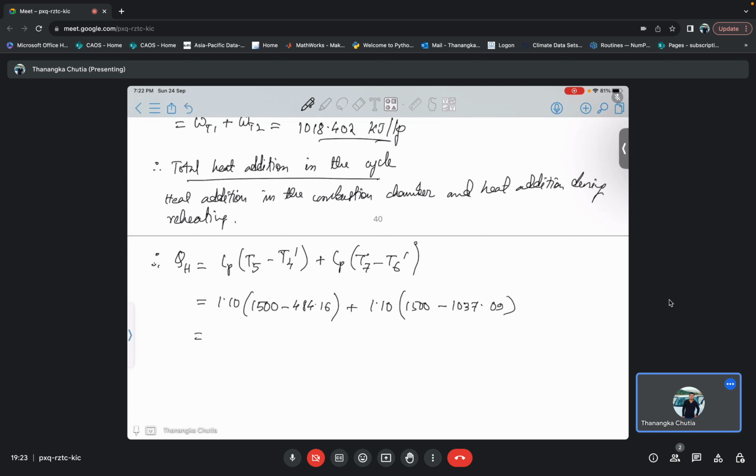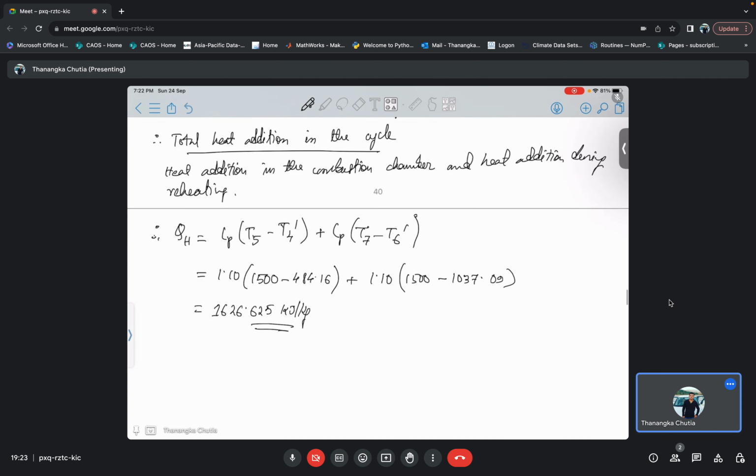That gives 1626.625 kilojoule per kg. Net work done, W net is equal to WT minus WC.